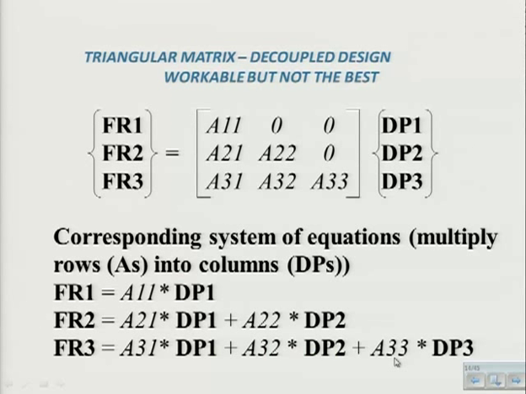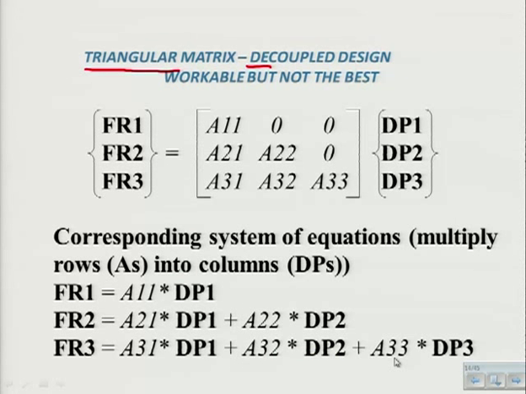All right, so decoupled. A triangular matrix is what we call a decoupled matrix. And they look like this. Now remember, and again, don't think, oh no, I have to go back and review my linear algebra book, because I'm going to show you a relatively easy way to do this.